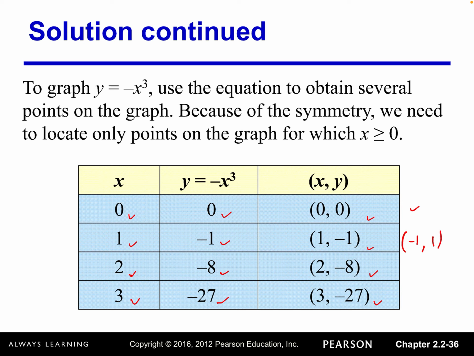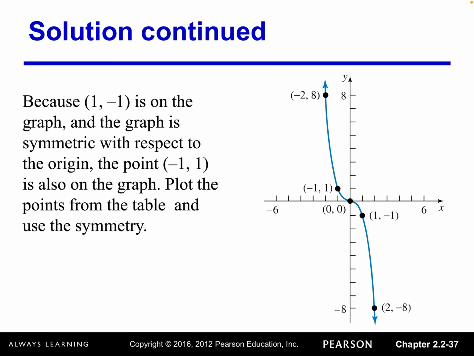And then -1, +1, -2, +8, -3, +27 must also be on the graph, right? So we can graph half and then use the symmetry property to get the other half. The graph is symmetric with respect to the origin, 0, 0.